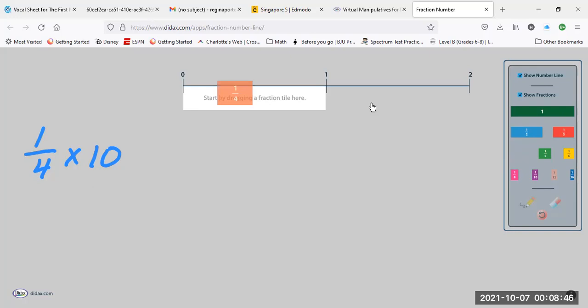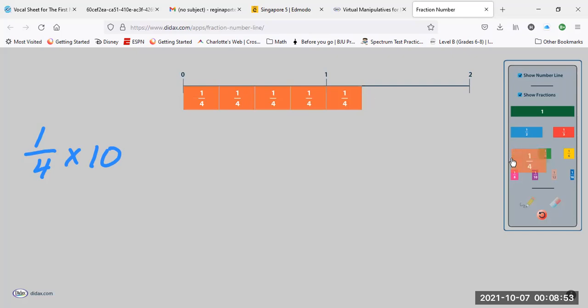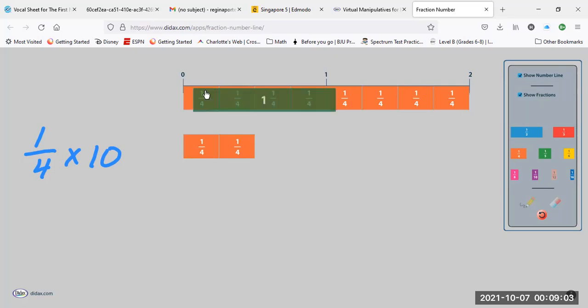So 1, 2, 3, 4, 5, 6, 7, 8, 9, 10. Let me separate these a little bit. So you see that 4/4 is 1, another 4/4 is 2, so that's 8/4.